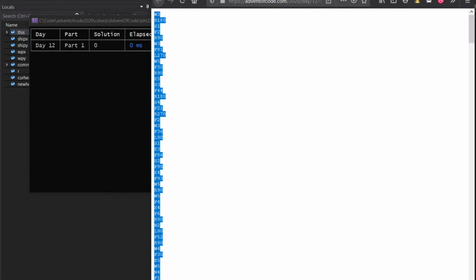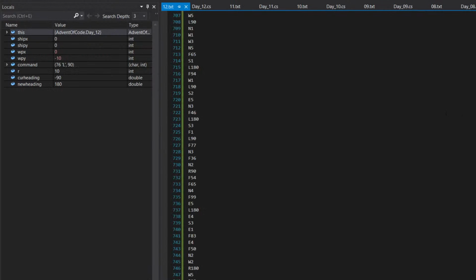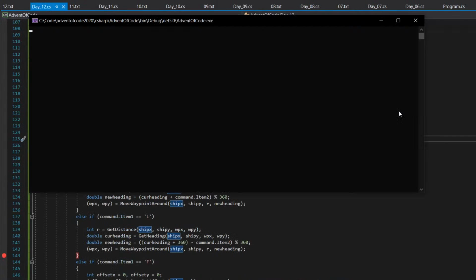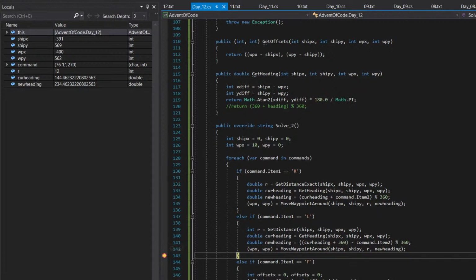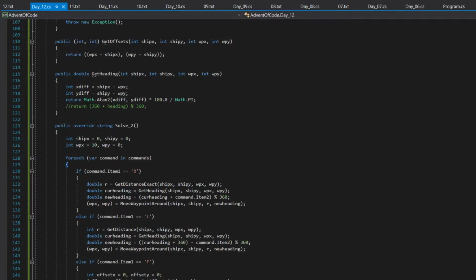Puzzle input. Negative. Why do we have a negative number? Oh, did we overflow? Uh-oh.